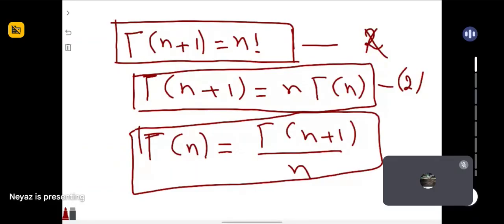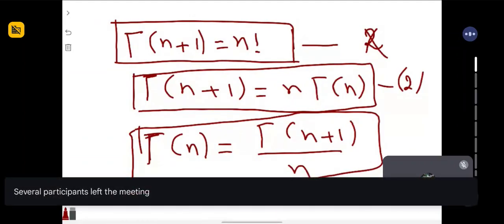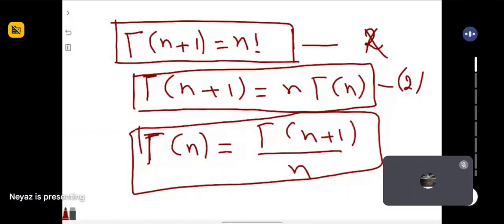So some people write gamma in terms of gamma, but that is not a proper way. But people use it frequently. That is why some people take it as a definition of the gamma function. But the basic definition is the same. The basic definition of the gamma function is gamma of n is equal to the integral of x raised to the power n minus 1 into e raised to the power minus x dx.